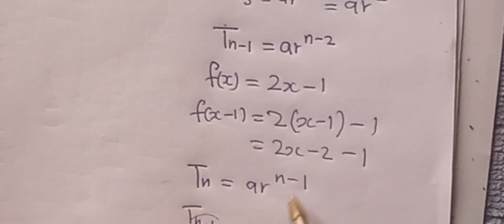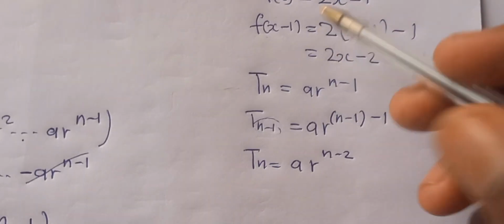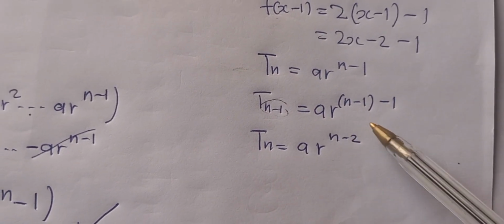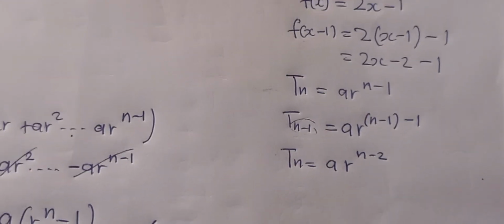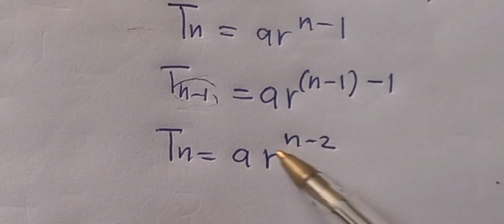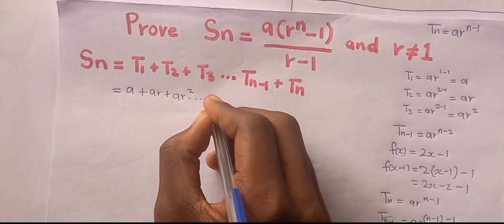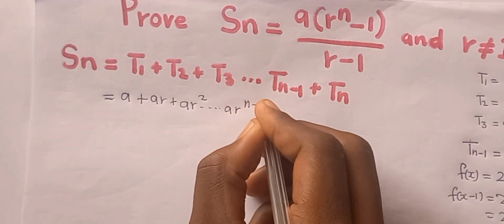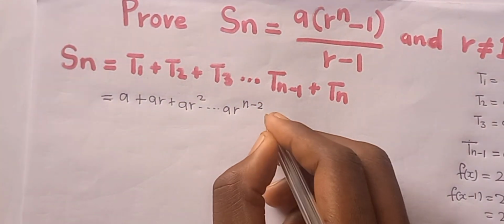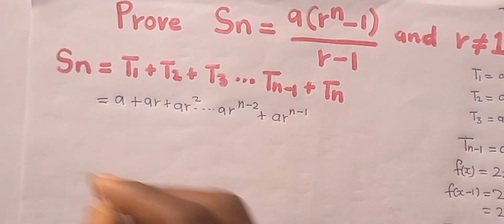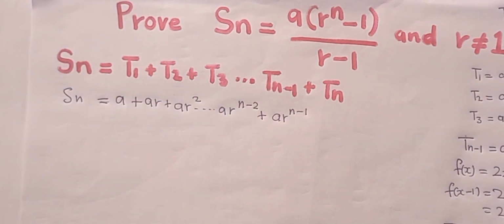We substitute n minus 1 for the value of n, so this becomes n minus 1 minus 1, and T(n-1) is equal to ar^(n-2). Hence, on your guideline or memorandum, they write something like ar^(n-2), and this one, you know, is equal to ar^(n-1).